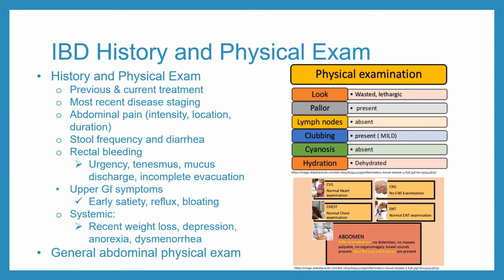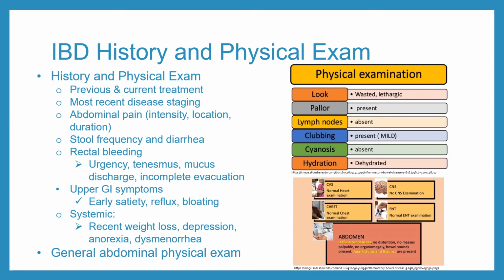Upon abdominal physical exam, it's important to localize the pain, the intensity, location, or duration. Also, if the pain is over a broad area or radiates somewhere, if it gets worse with a certain activity or event, like a certain type of food, definitely note that. Stool frequency and diarrhea is also an important part of history.